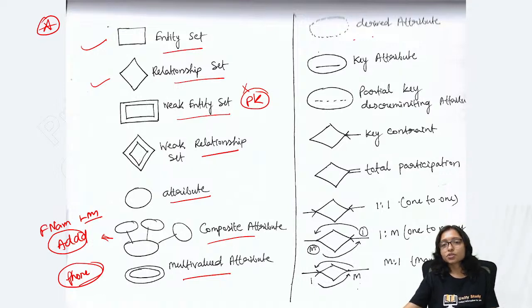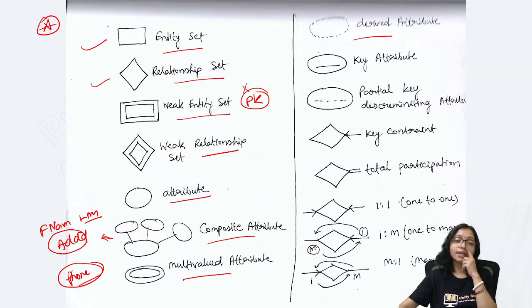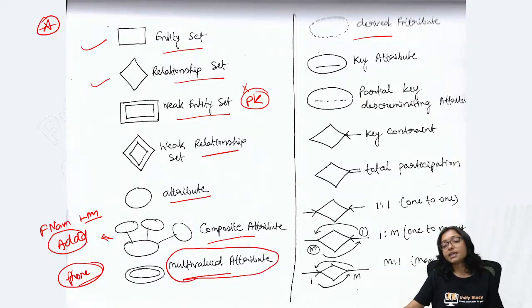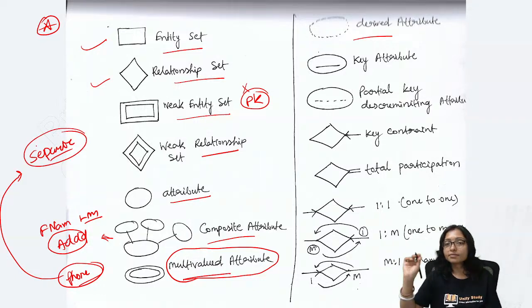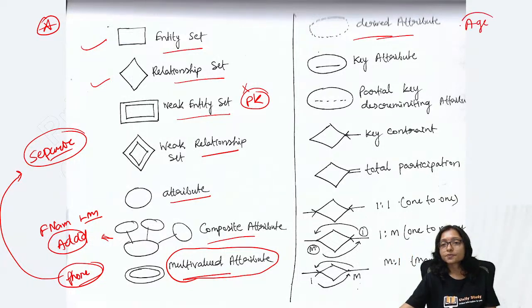Whenever there is a multi-valued attribute in an ER diagram, then definitely you have to create a separate table. A separate table is required for a multi-valued attribute. Derived attribute, for example age. From the date of birth you are deriving the age. That is the derived attribute.